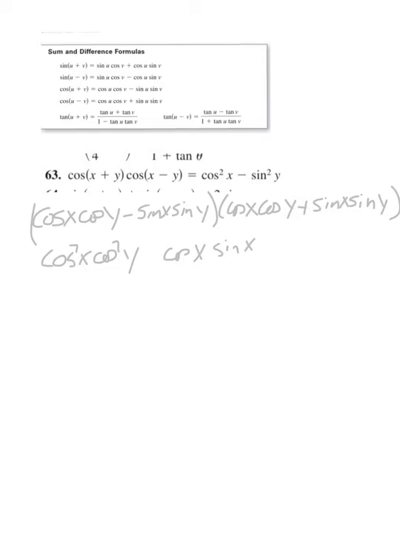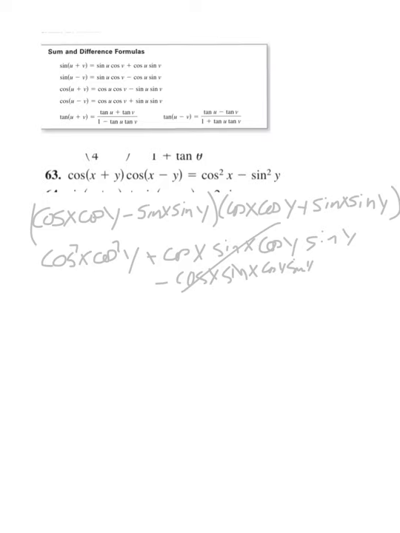I'm just putting the x's first. Now our I term, this would be plus, so that's our outer term. Our I term would be the same thing but with a minus sign, so cosine x sine x, and then cosine y sine y.